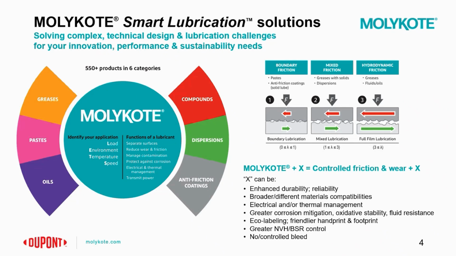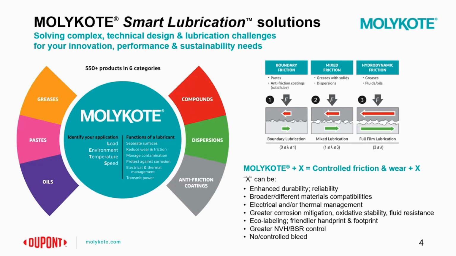Depending on specific application parameters, the overall function of the lubricant in application will vary, and the lubricant may function to either separate surfaces, reduce wear and friction, manage contamination, protect against corrosion, provide electrical and thermal management, or transmit power.